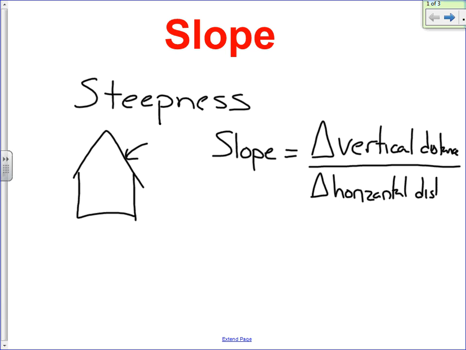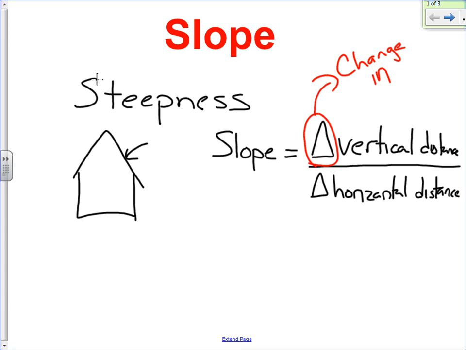Now notice that in this formula, I've used this letter right here. It's the Greek letter delta. And delta is really just a symbol that represents change in some sort of a value.